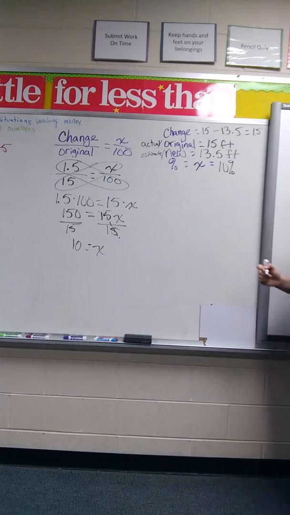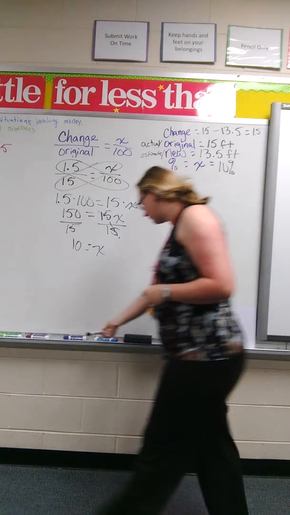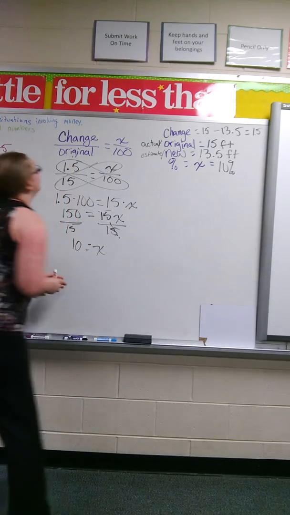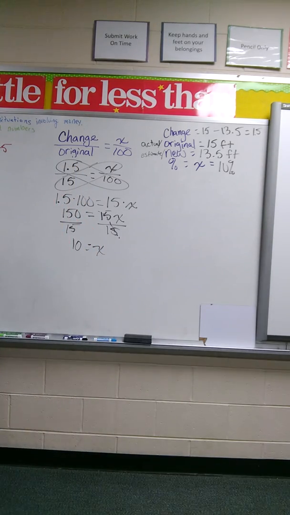Okay. If I was going to do this using the equation instead, I would take my change over my original, 1.5 divided by 15, that equals x. 1.5 divided by 15 is 0.1 equaling x.